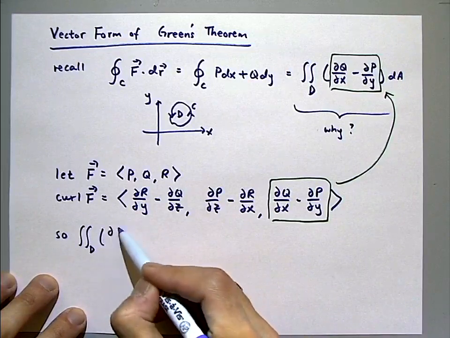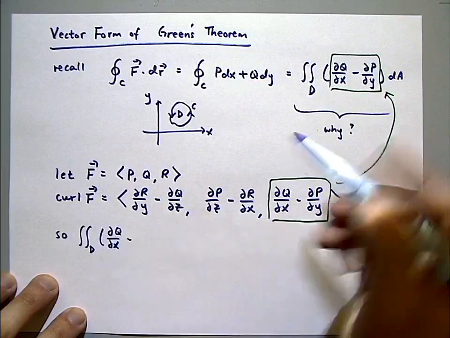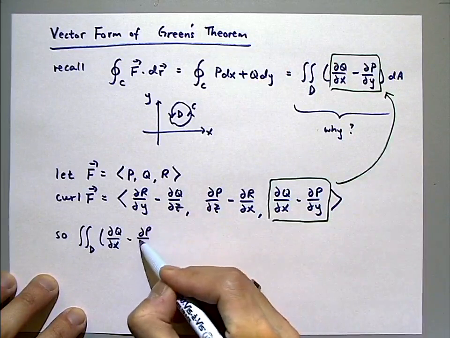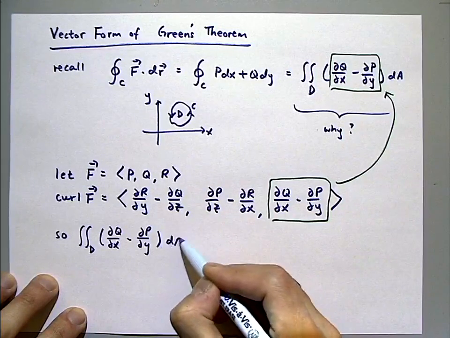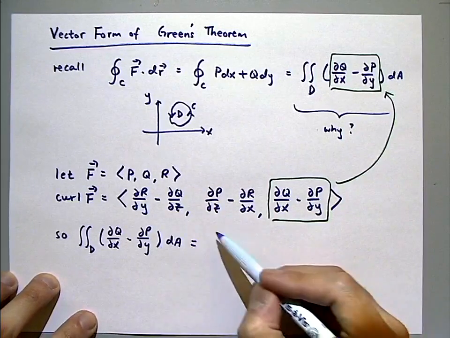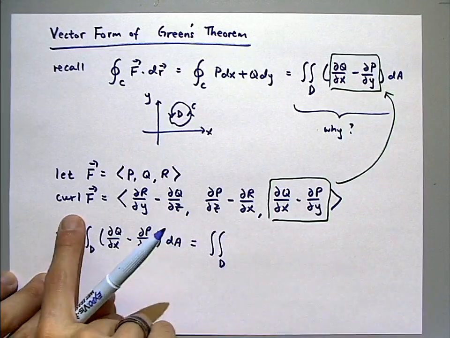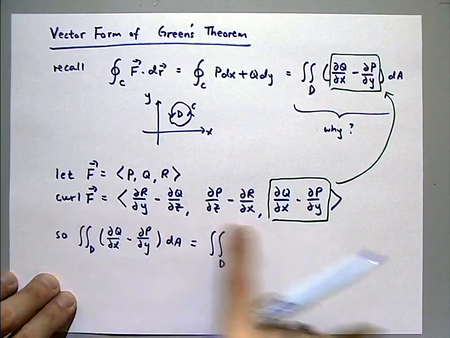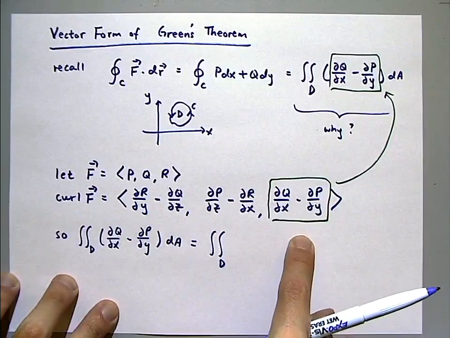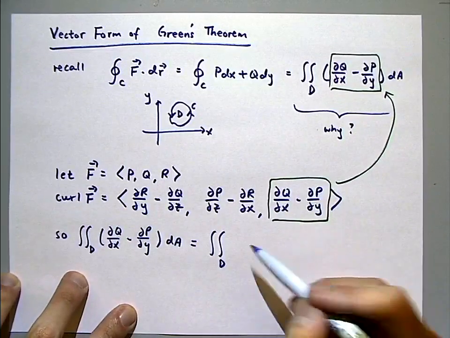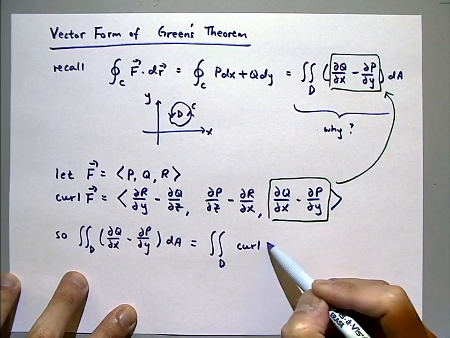So this means that the form of Green's theorem that we saw earlier is really the double integral over the same region of the curl of the vector field, but only in the K component. In other words, we take the curl of whatever we get.